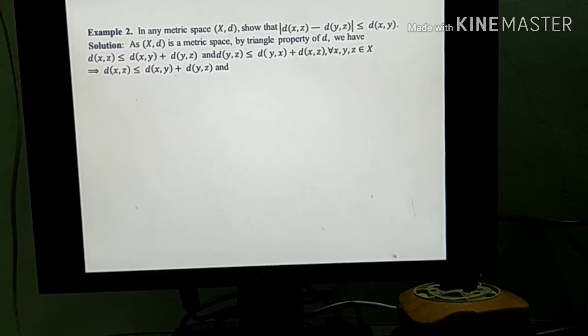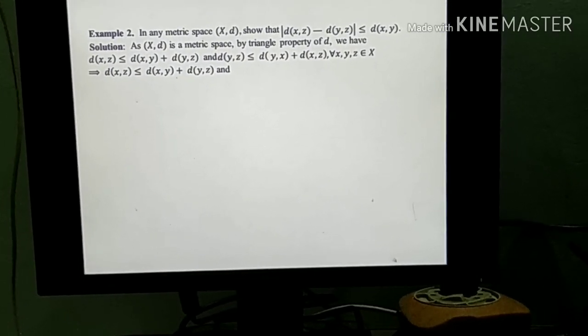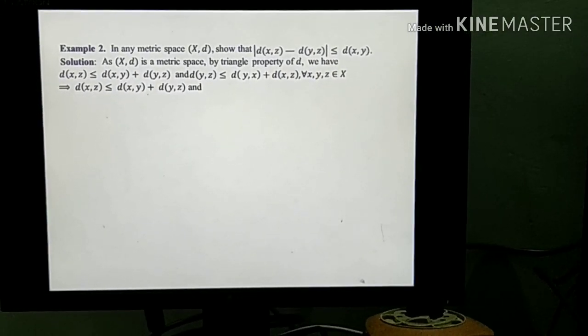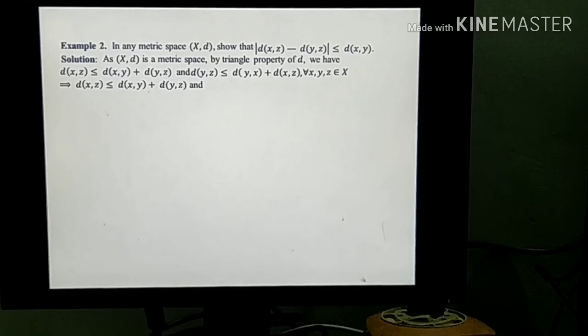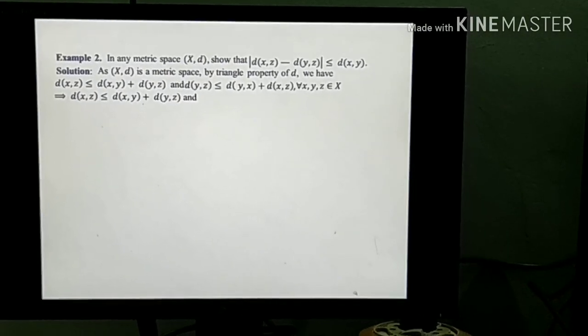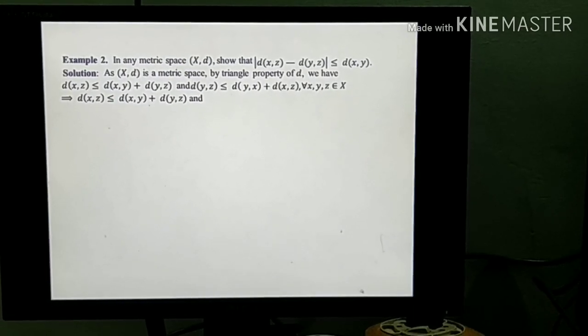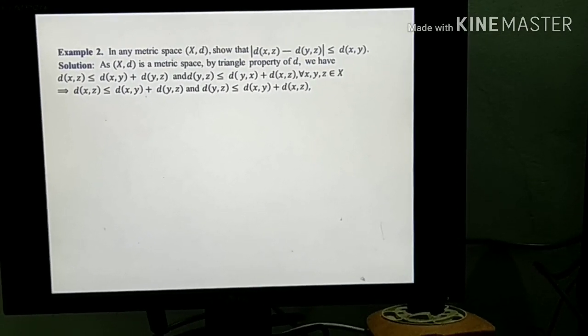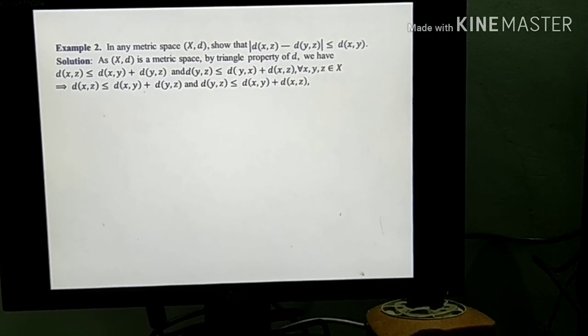And the second, d(y,z) less equal d(y,x) plus d(x,z), can be modified as d(y,z) less than or equal to d(x,y) plus d(x,z). We can modify it like this because d(y,x) and d(x,y) are both the same by the symmetry property of a metric.